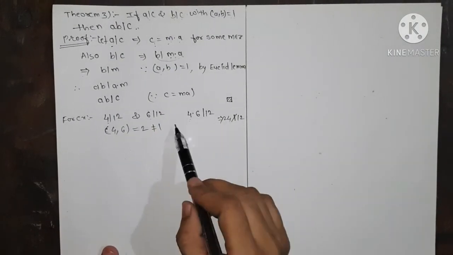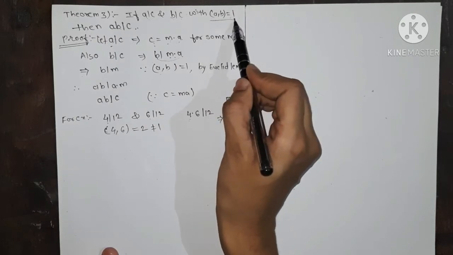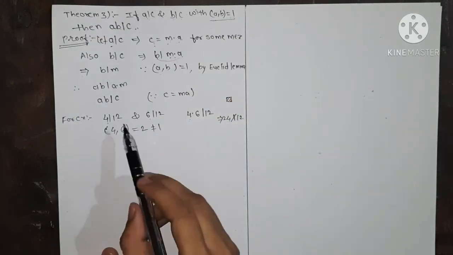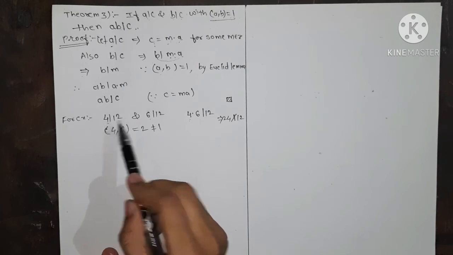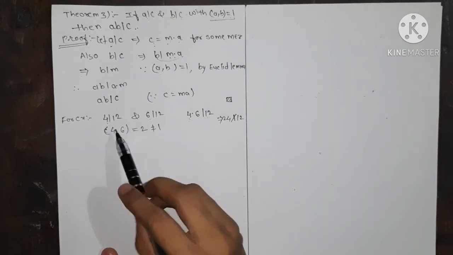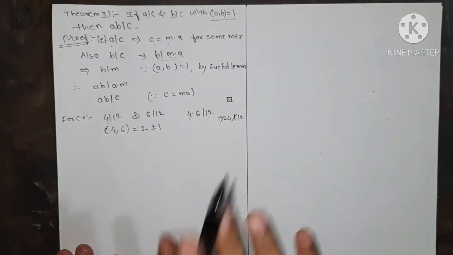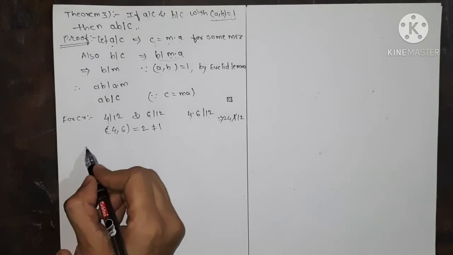Again, from this example, we see that the condition that the GCD of A comma B is equal to 1 is very important, because here the product 4 into 6 does not divide 12, since the GCD is not equal to 1. So we require that the GCD should be equal to 1.